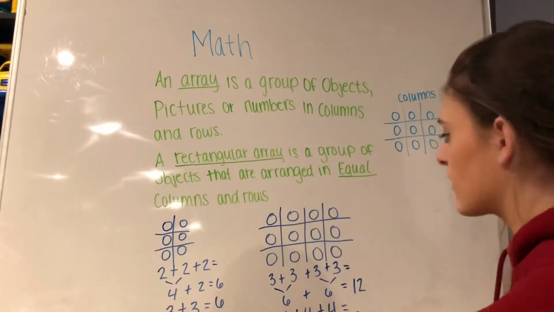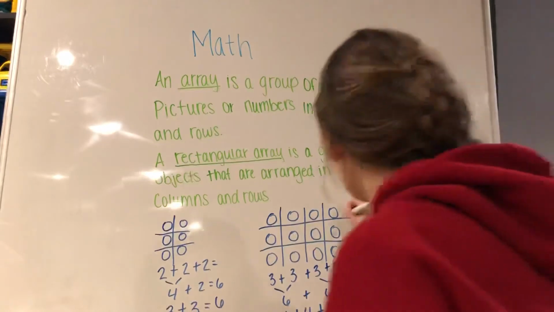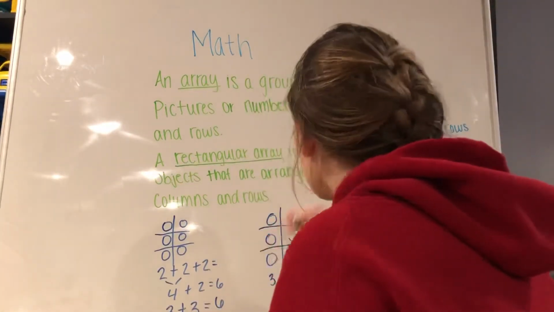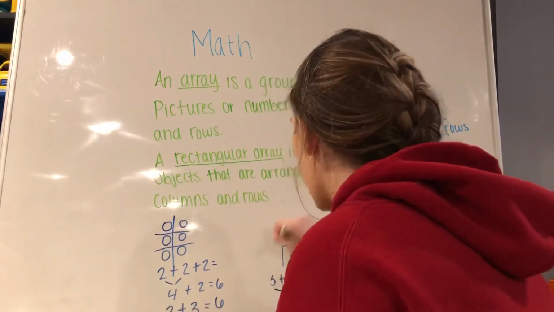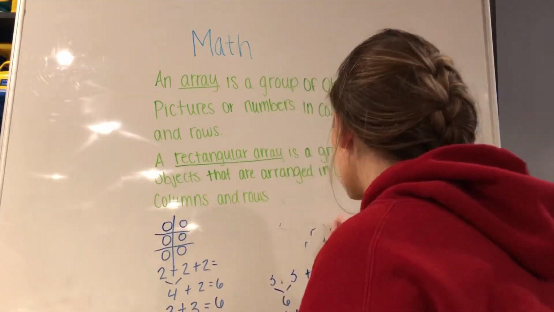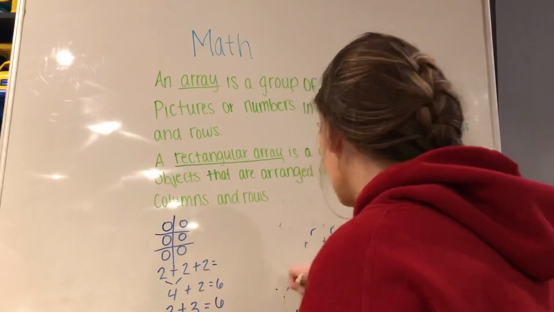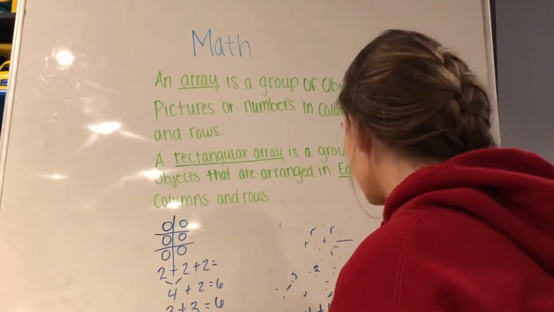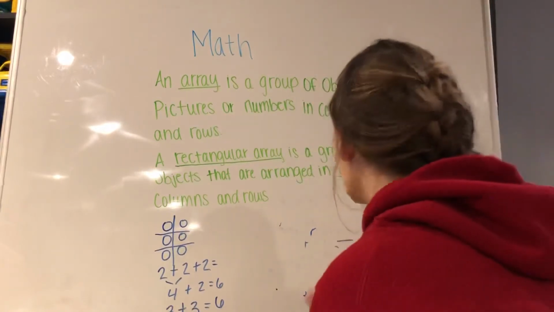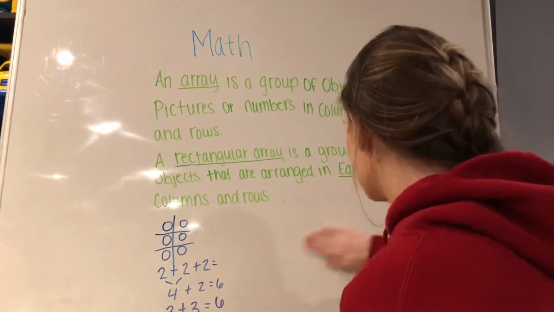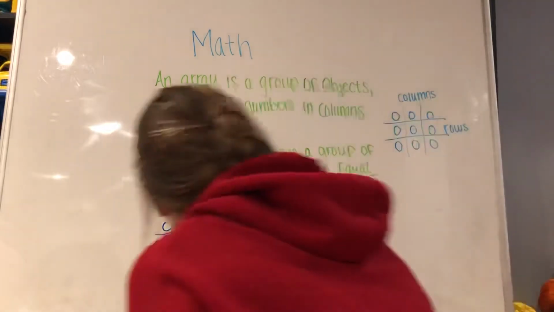So we have 12 circles in this array. I am going to give you 2 arrays that I would like you to practice trying to do on your own, and then I will go over the answers with you on how to do the 2 arrays.